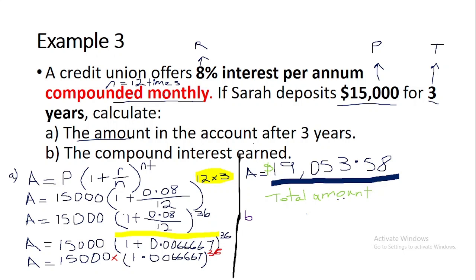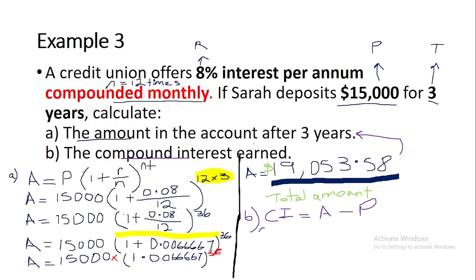This figure right here, the total amount, is the answer for A. So to find B now, we have to find the compound interest that is earned. So out of the total amount, we're gonna find the compound interest. Compound interest, I said it before, is equal to the total amount, so that's A, minus P, which is the principal.